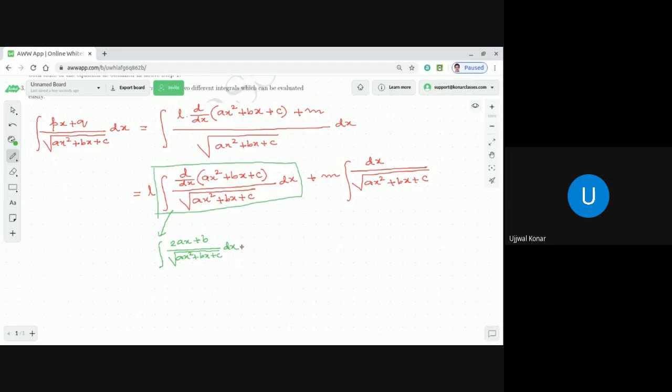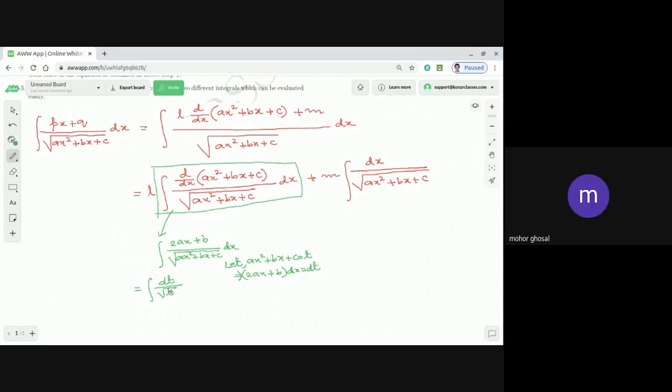So if you make the substitution, let ax square plus bx plus c equal to t, this implies (2ax plus b) dx equals dt. Correct or not? Anyone has any doubt, please do not hesitate to let me know. That equals integration dt divided by square root of t.